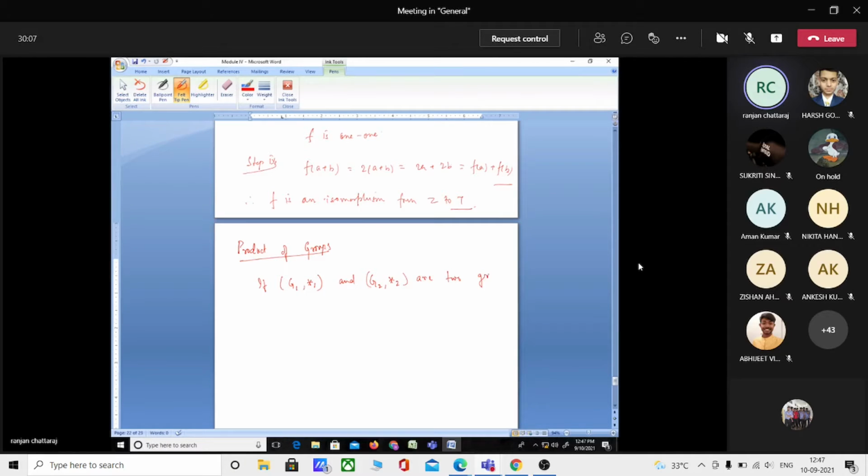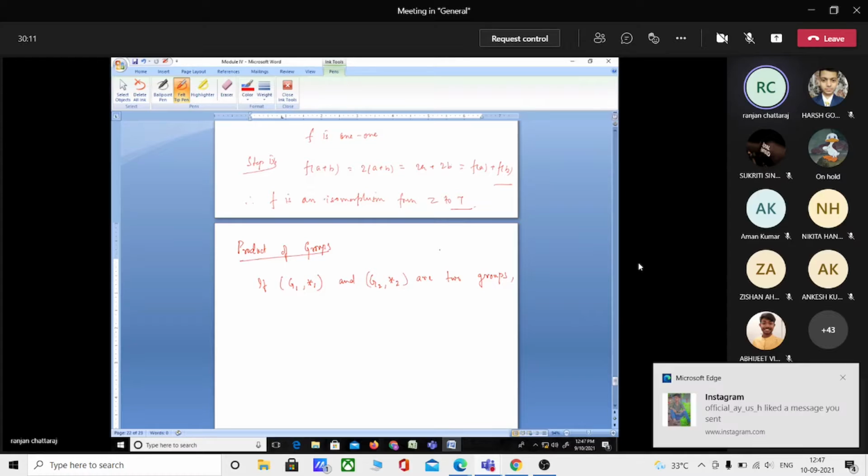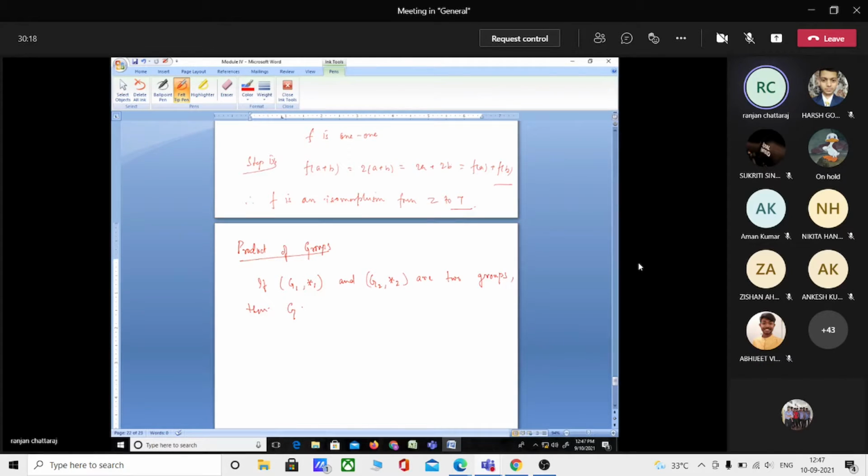Therefore we see here (a, b) times (b inverse, a inverse) equals e, and it is given by the Cartesian product G1 cross G2. So you may write that this is also a group, where the identity is (e1, e2), and it is simply 0. Okay, it is a group.